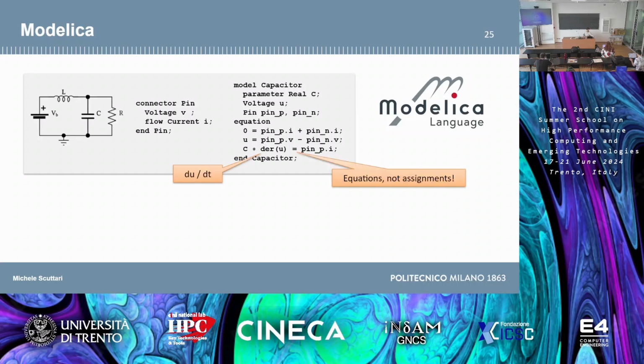Okay. So these are equations. You can build them, however, in loops to build large-scale systems. So you can have arrays of variables to which you can apply the derivative operator, or you can connect them with equations or connectors. The loop is a compile time loop. It generates a number of equations.